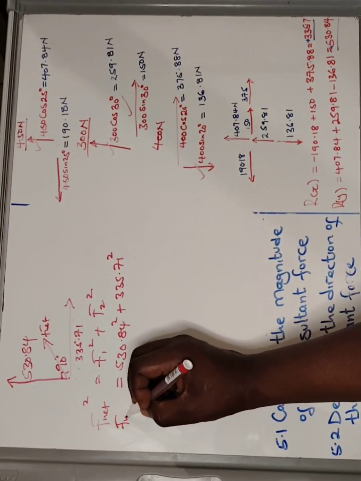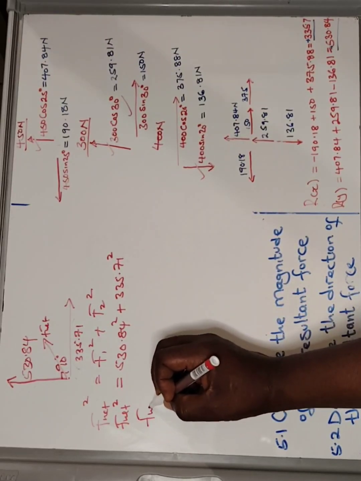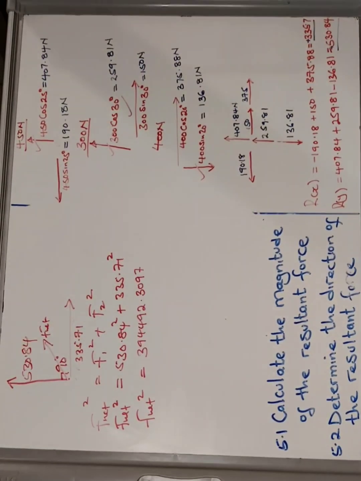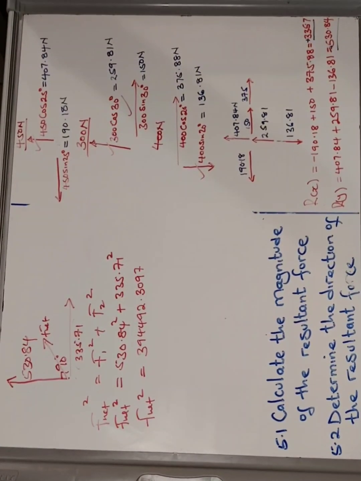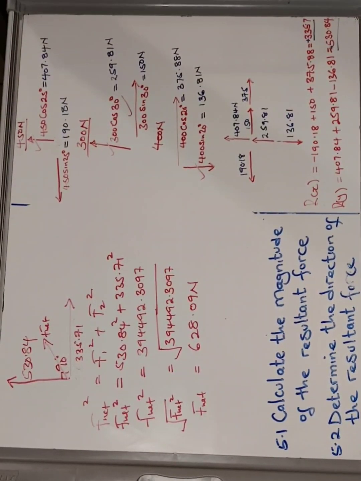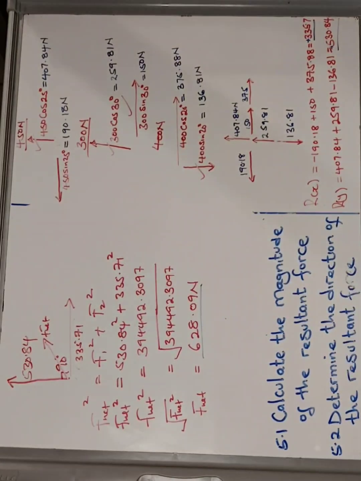That one is going to be equal to F net squared. So we find the square root and we find the final answer. Our net force is 628.09 newtons.